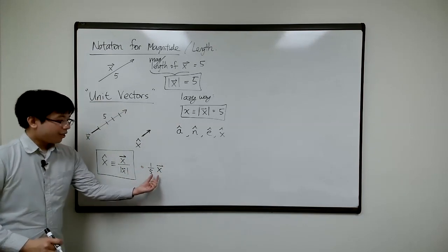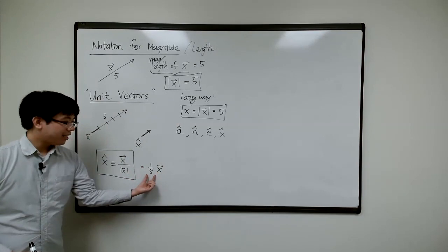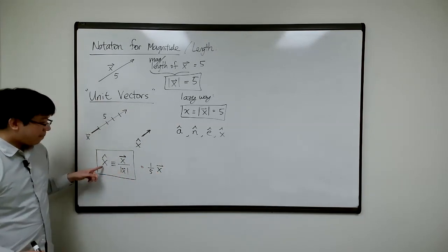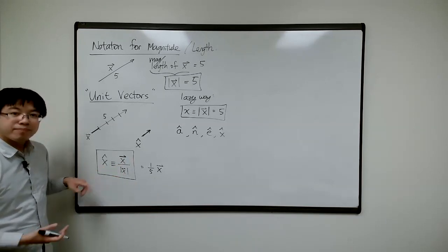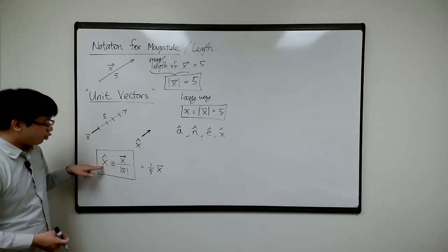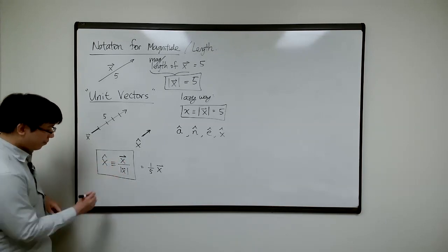Okay, so this guy has a magnitude of 5, but if you divide it by 5, then you're going to get a vector that is pointing in the same direction with a magnitude of 1, right? So you can relate the unit vector of a vector by dividing by its magnitude, okay?